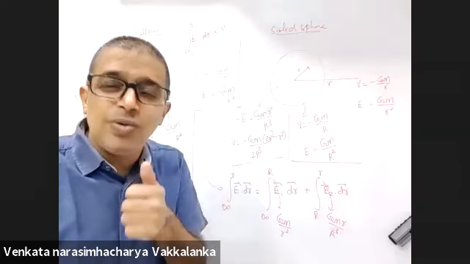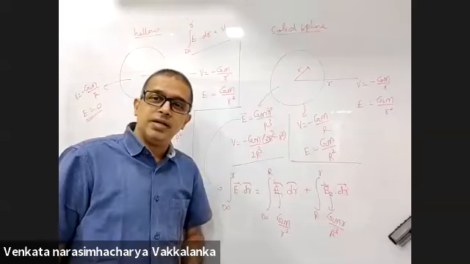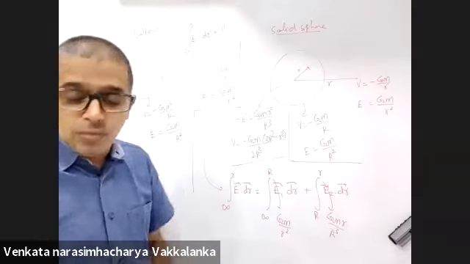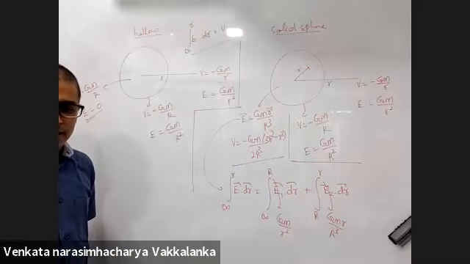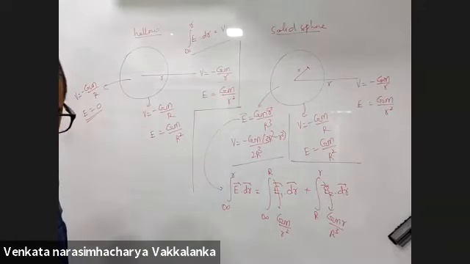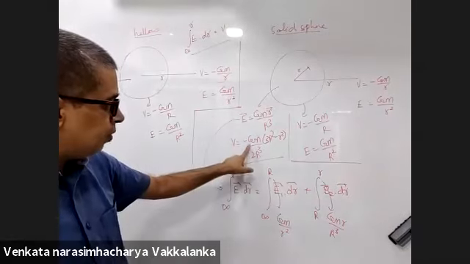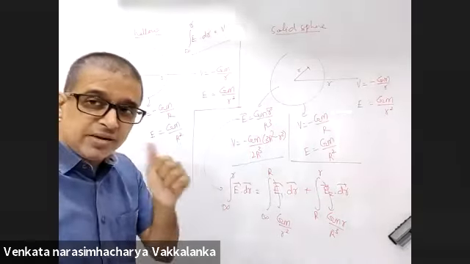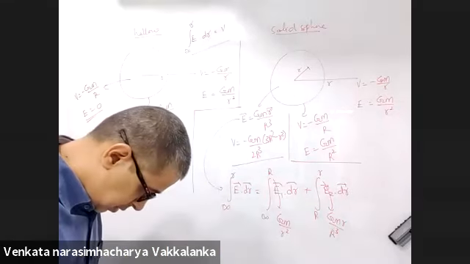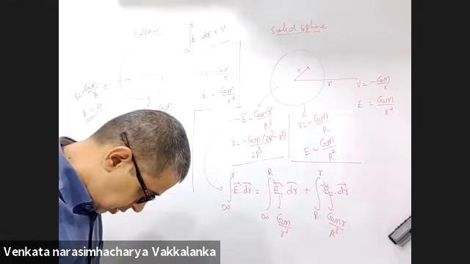But ironically, you will not get the negative sign. Think on it, why and tell me. When you solve this, you will get the same answer without the negative sign. Why? Because in field we are just considering the magnitude.